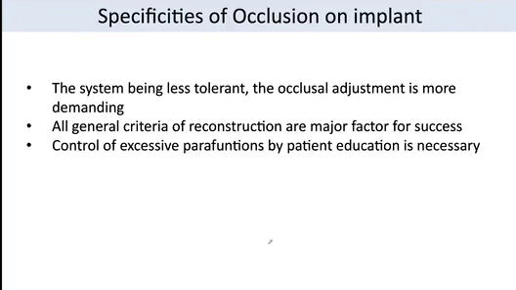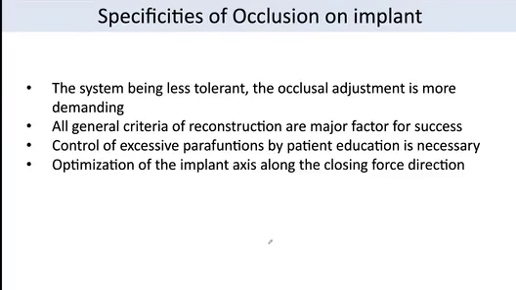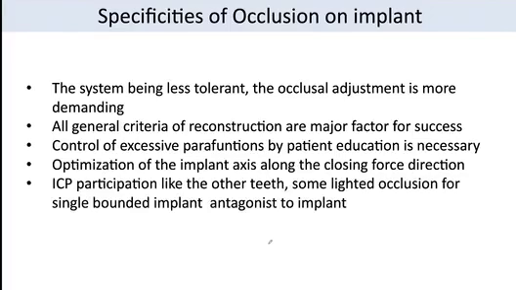Control of excessive parafunction by patient education is necessary in active bruxers. Optimization of the implant axis along the closing force direction is the main way to optimize force absorption. ICP participation like the other teeth.